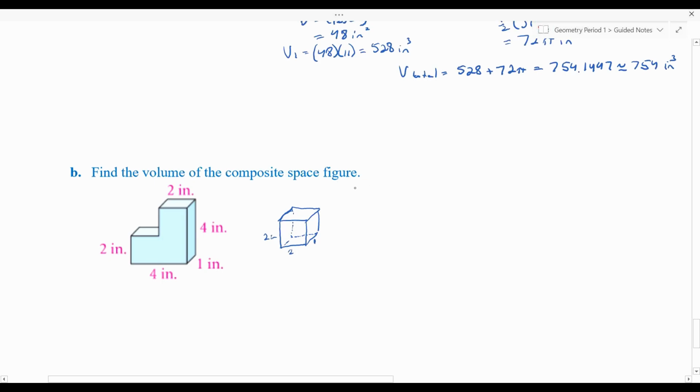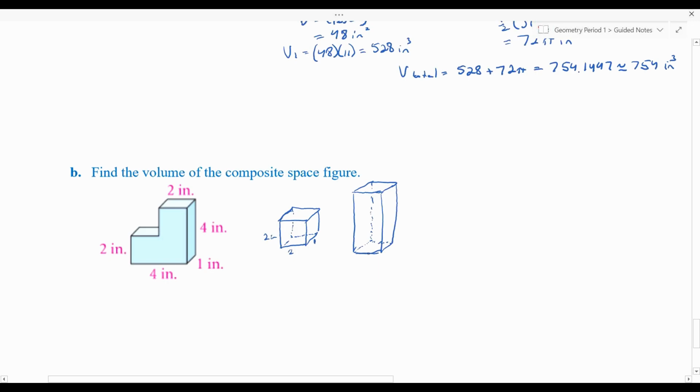Then we're going to do the second half of our figure, and let's see if I can come up with something that looks nicer than the first one. Okay, something like this. Something along those lines.